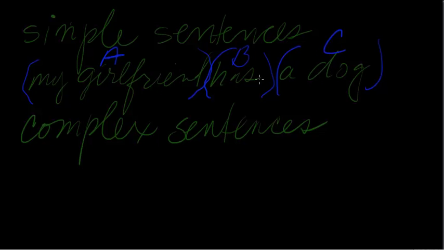And then the direct object, in this case, I just call it building block number C, right? So the cool thing in German is the order can actually be switched from A to C and C to A. However, the verb always remains in the middle, the second building block. So in German, it would be perfectly acceptable to say, a dog has my girlfriend.